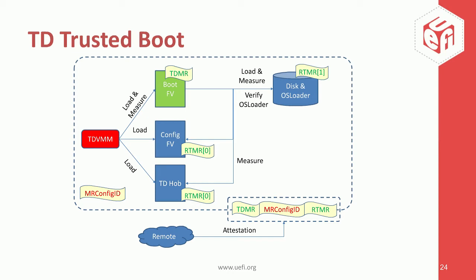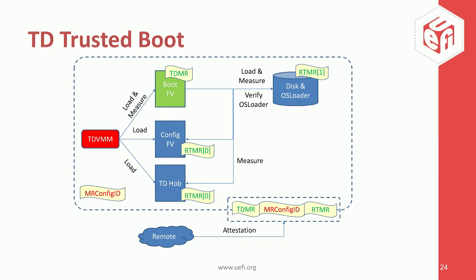That is a TD measurement register. Second, after a TD launch, the TD VM may use a TDCALL called RTMR extend to measure additional TD private memory into a runtime measurement register. This includes the configuration firmware volume or the TD HOB, which is passed from the VMM.